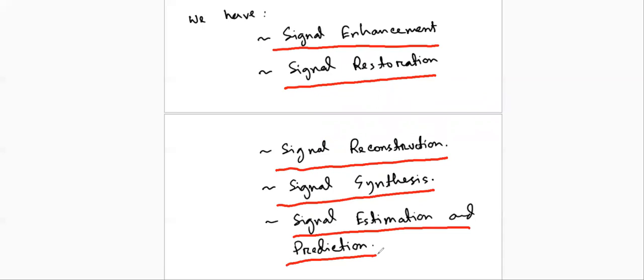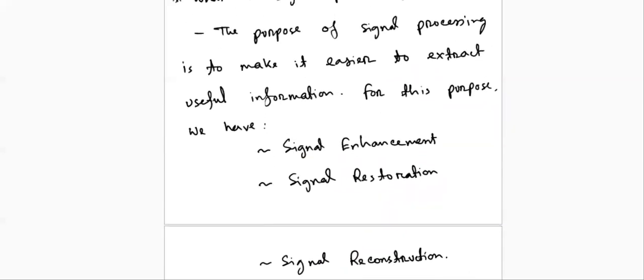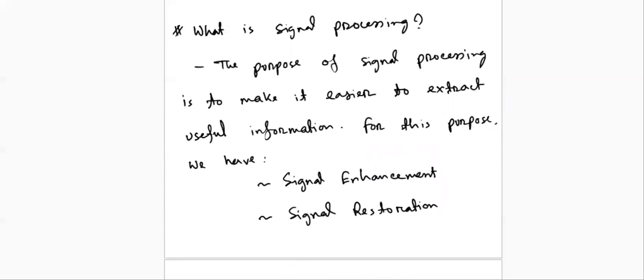In the upcoming sections, we will give some examples of all of these. Before going to that, just to repeat: the purpose of signal processing is to make the task easier to extract useful information. That is the key thing. How you extract useful information from the signal is known as signal processing.